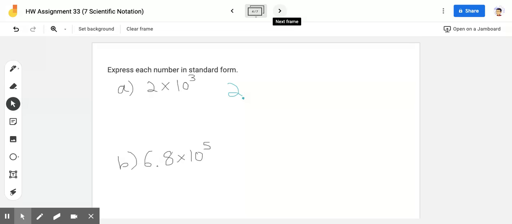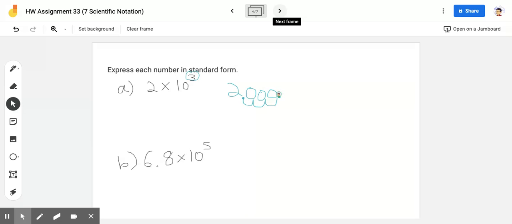Now, I'm going to take a look at my power of 10, which is 3. Because my exponent to my power of 10 is 3, then I'm going to move my decimal point over 3 places to the right. 1, 2, 3, because this is supposed to be a very large number. So here's where my new decimal point is.